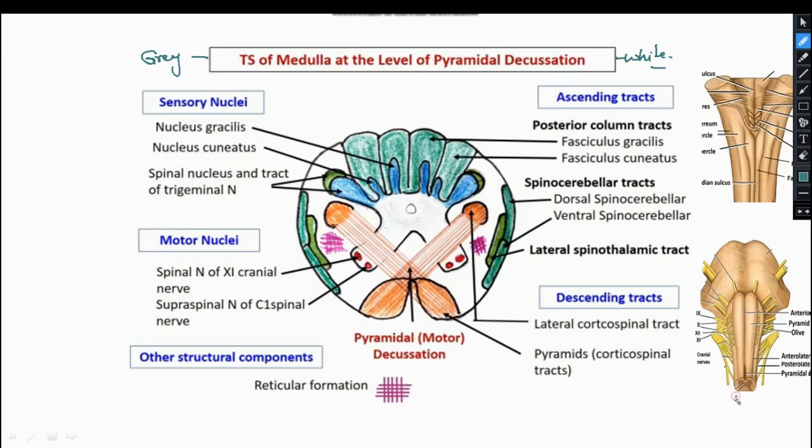This is an anterior or ventral view of medulla oblongata, and this is the posterior or dorsal view.